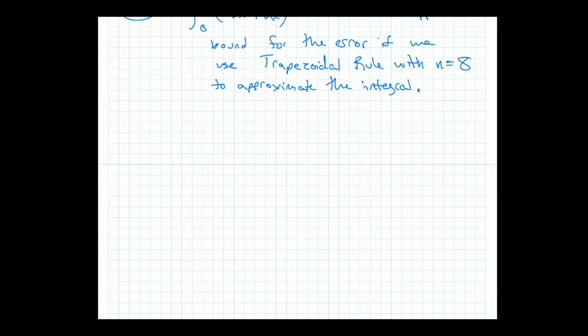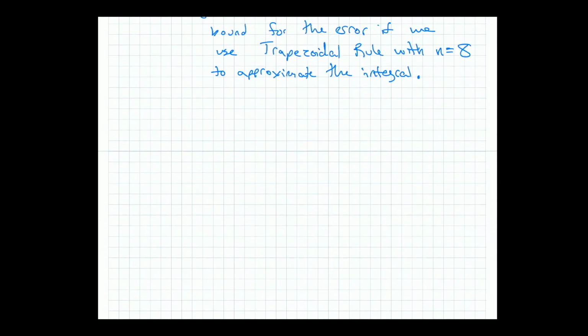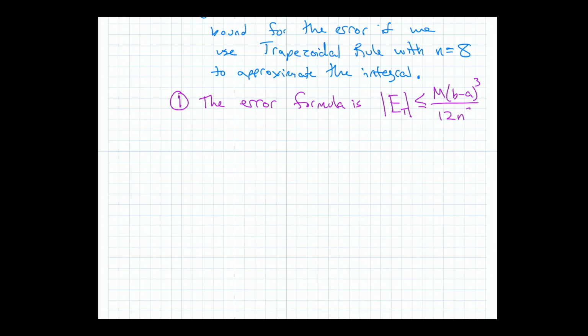So first step is the formula, the error formula is, right, the error for trapezoidal rule is less than or equal to M(b minus a) cubed over 12n squared, where M has to be greater than or equal to the second derivative.